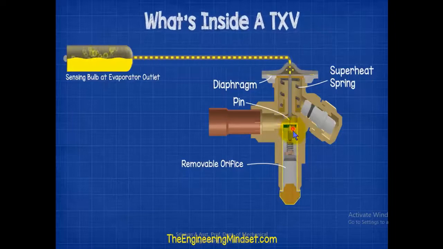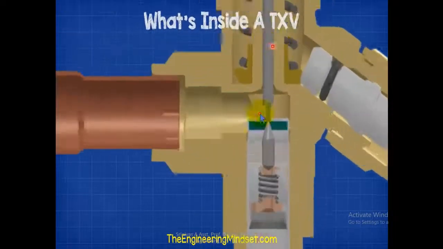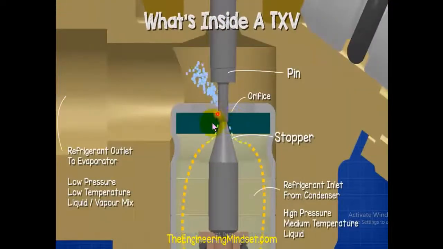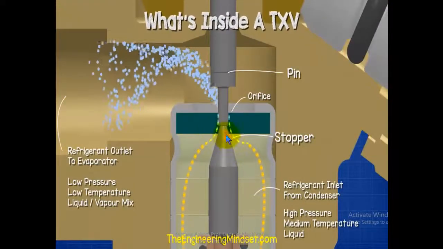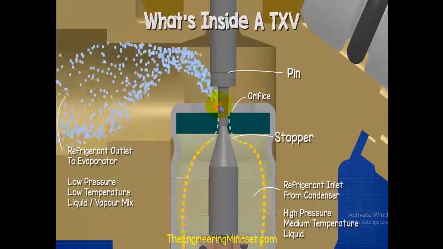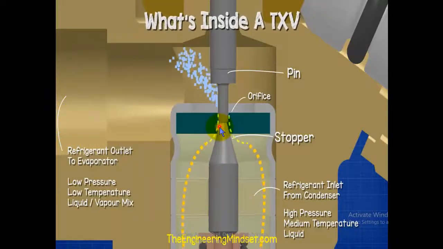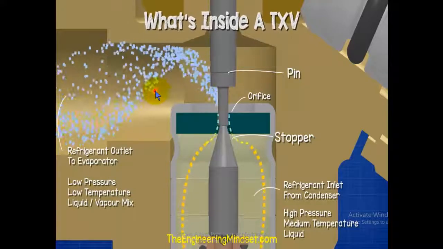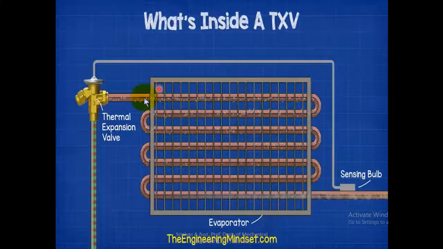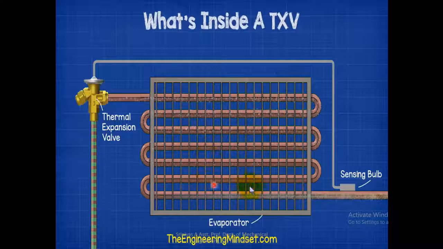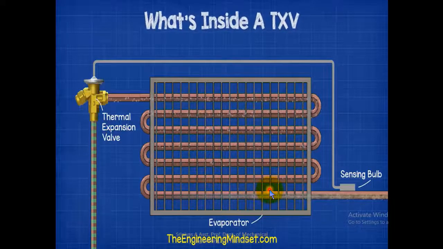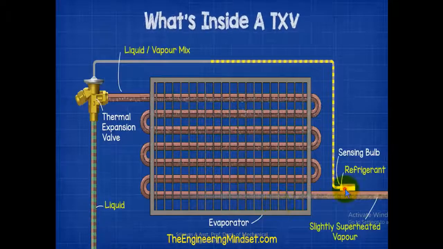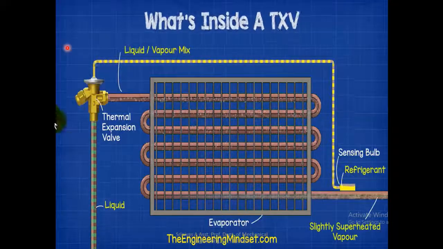This pin arrangement opens and closes the orifice of the expansion valve. When it pushes down, the orifice gets opened, and this high pressure liquid enters. Because of the area difference, it becomes low pressure while moving to the evaporator, and it will absorb heat. In the same way, when the temperature is high, it pushes down.